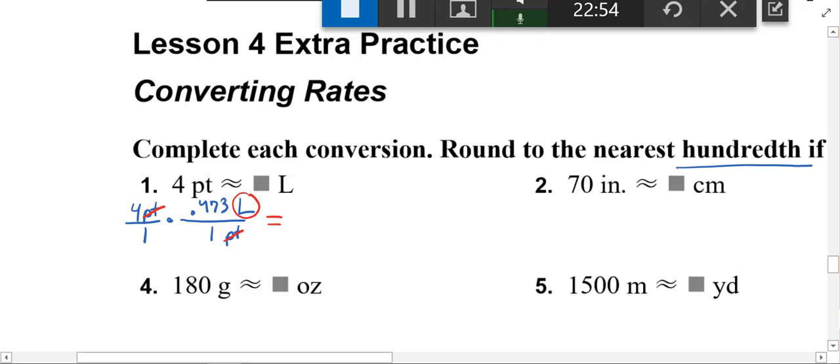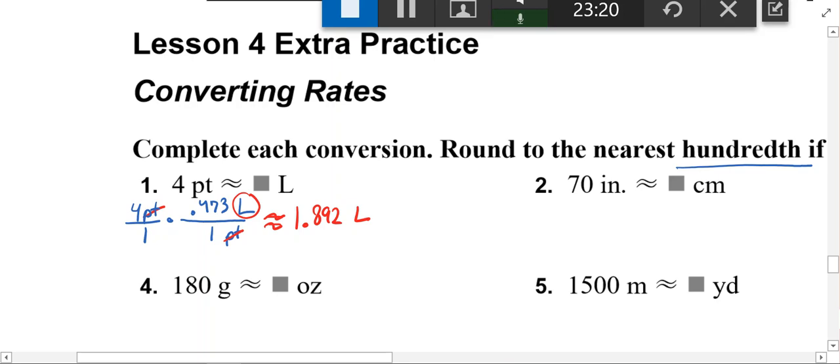Then you put your equal sign, and then your calculator comes out and goes 4 times 0.473. 4 times 0.473 is equal to 1.892 liters. And I should keep the approximation sign going.